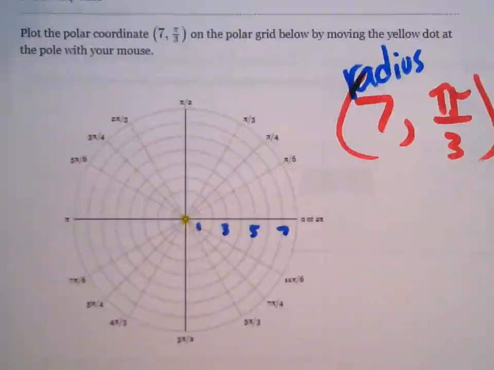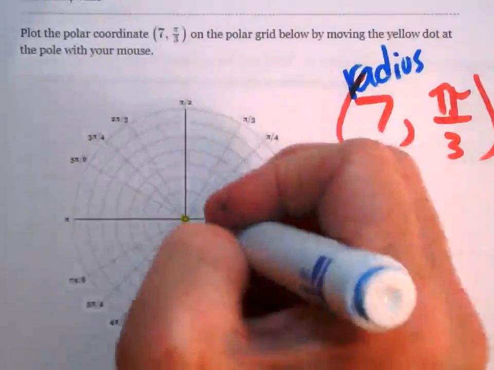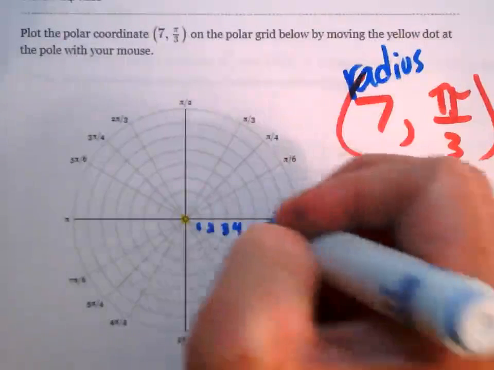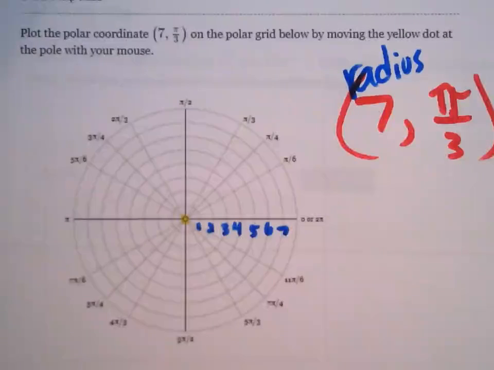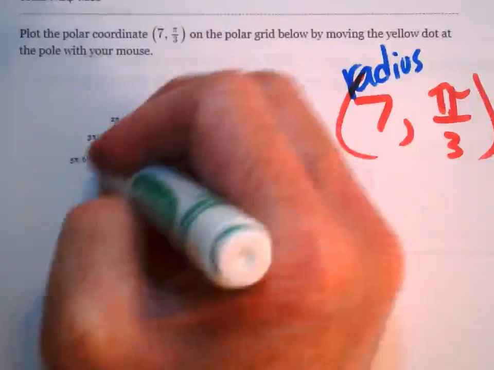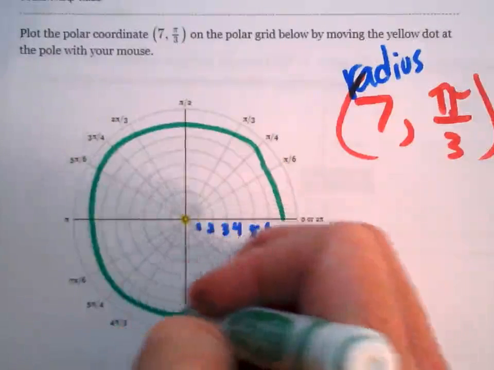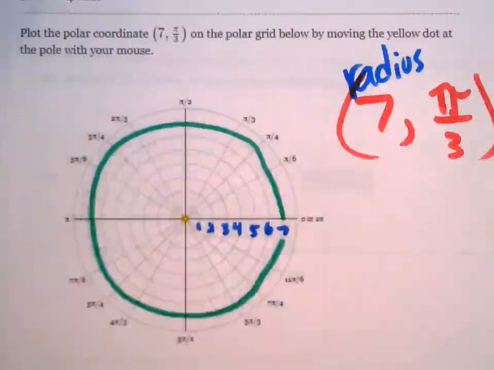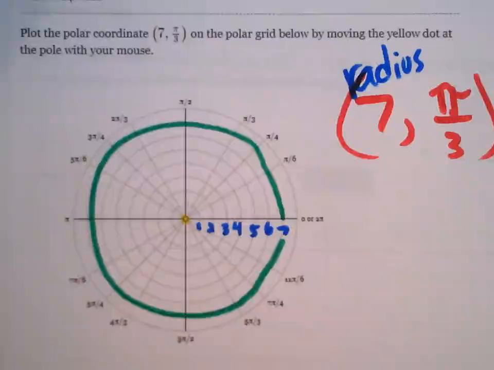Okay, so well, I guess I might be able to get 2, 4, and 6 in there. So the 7 is going to be represented by this circle right here. I didn't trace it very well, but that's the 7-unit circle. Okay, so that would be the radius.